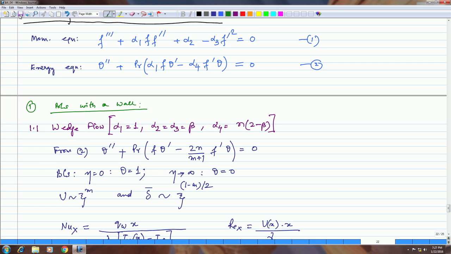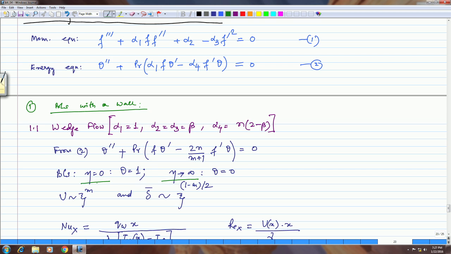But once you've got the Runge-Kutta method in place and you are able to solve these over a certain domain, to define that domain, what you need is a boundary condition. For example, for the wedge flow, we had a boundary condition where eta went from 0 to infinity.